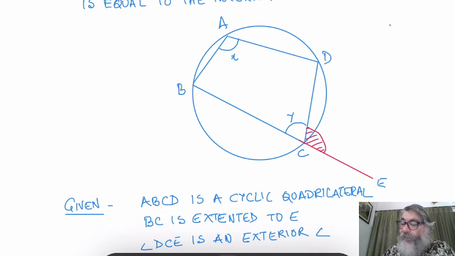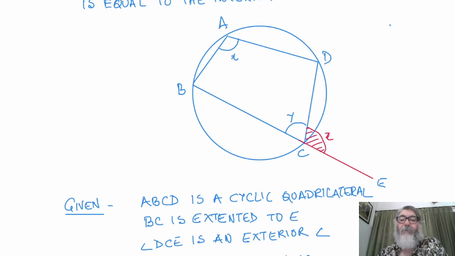So one angle, this angle Y, is common, so this angle X should be equal to this angle X. This is a very important theorem, and we will be doing a lot of problems based on these theorems also. Basically, it is an extension of the fourth theorem, that opposite angles of a cyclic quadrilateral are supplementary, and that is what we have used here.